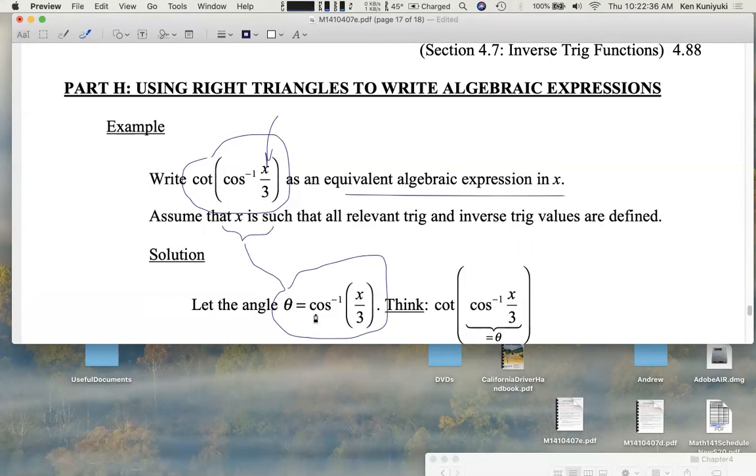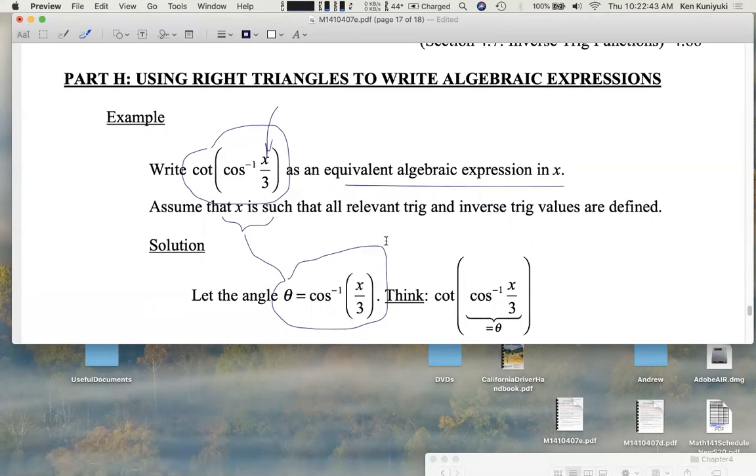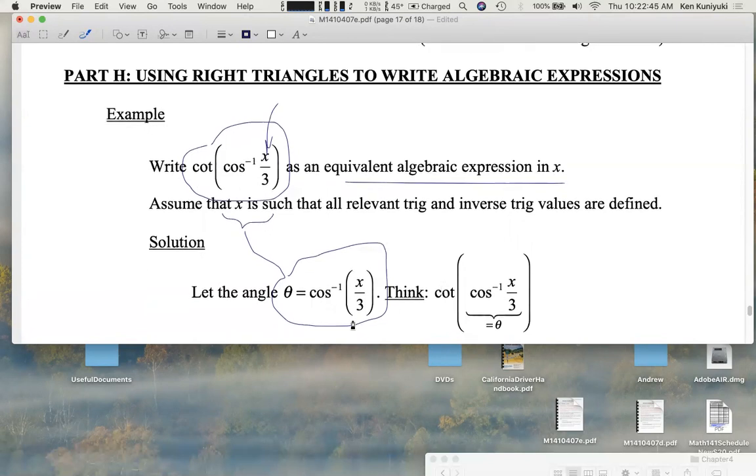Again, we relate the outputs of inverse trig functions to angles, often. So we want to simplify cotangent of theta, where theta is this inverse trig expression over here. Now, if theta is inverse cosine of x over 3, what can we say as a result?